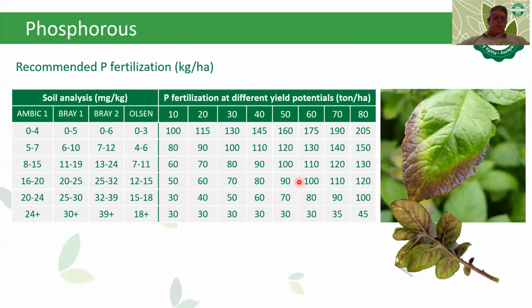So if we go to phosphorus, we have the same thing. There's a table again. You determine your potential yield. If you want 60 tons, you look at what soil analysis method has been used, and then you go and determine your phosphorus requirement based on that. And this is P in South African terms.